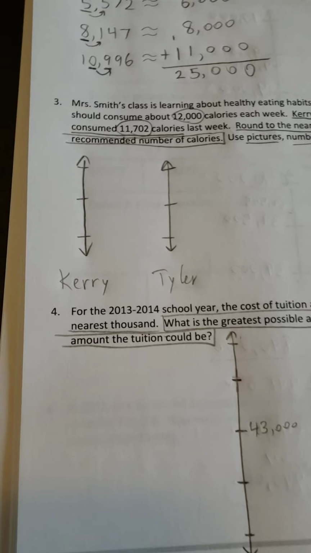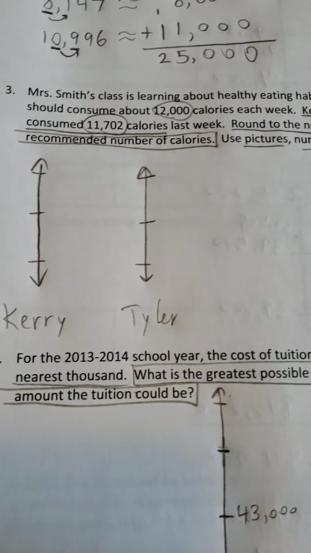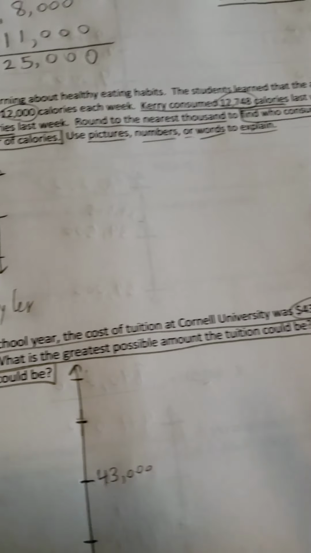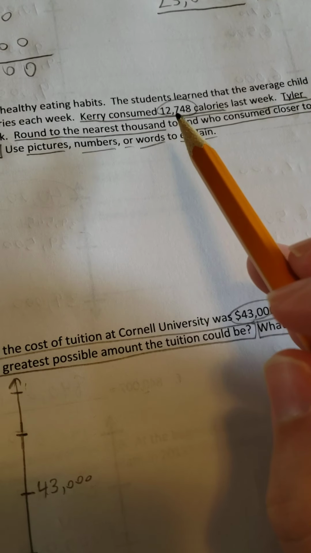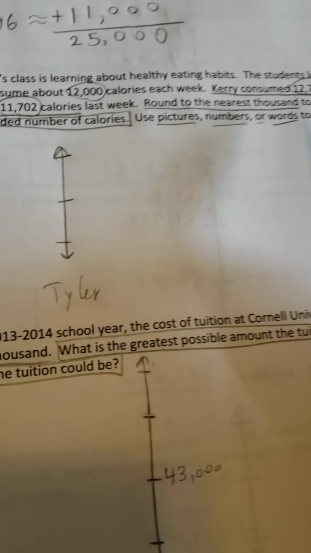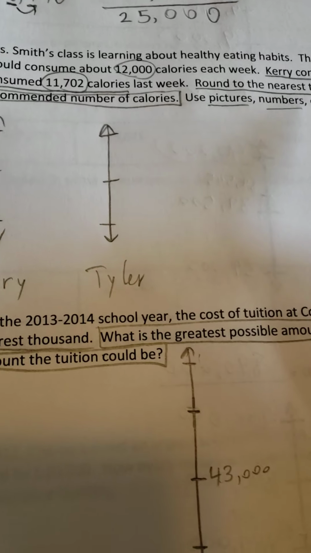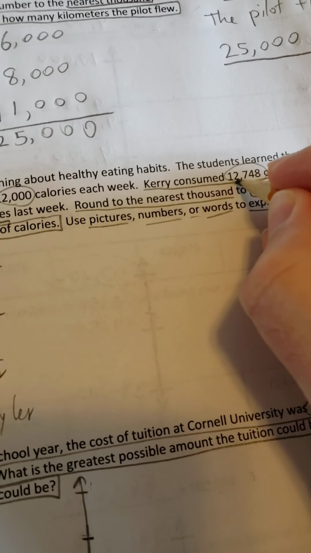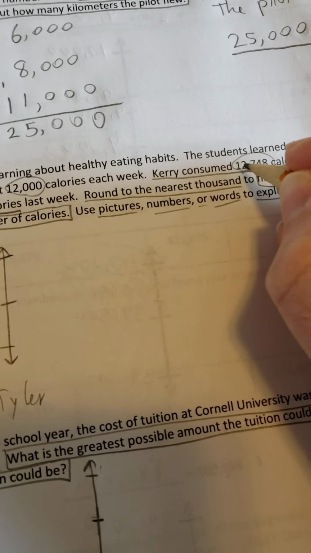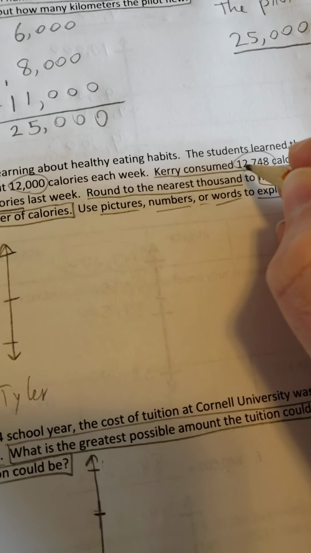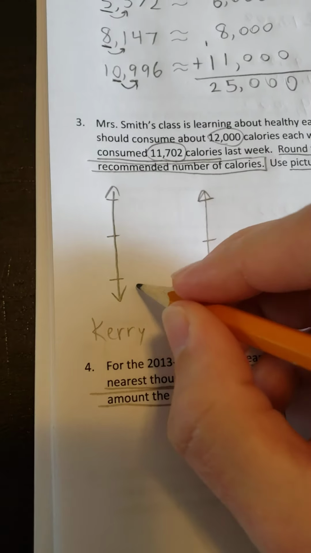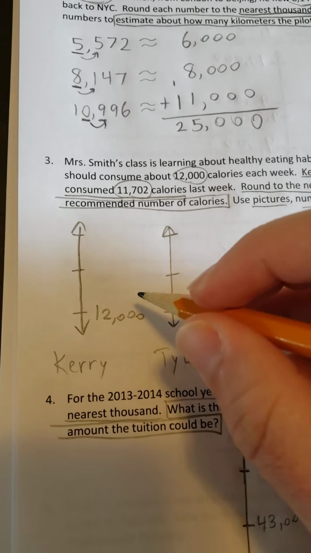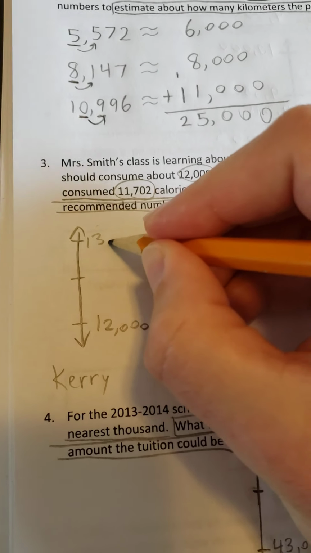So I'm going to use this picture here, or number line, to help explain my answer. So Carrie consumed 12,748. Okay, so on this number line, we're rounding to the nearest thousand, so that would be the 2, right? So the bottom, the low point, is going to be 12,000. And then we're going to add 1,000 above that, 13,000.